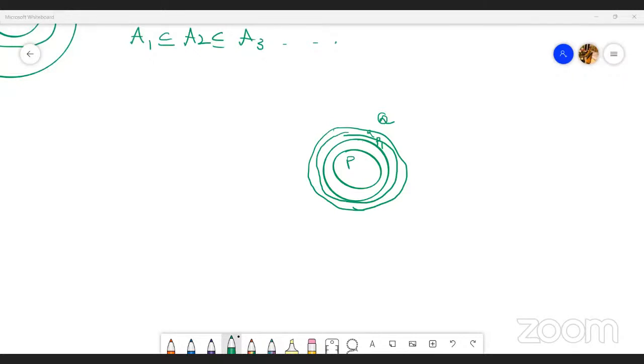Annihilator is an ideal of a ring R. So a maximal member of annihilators is a prime ideal.